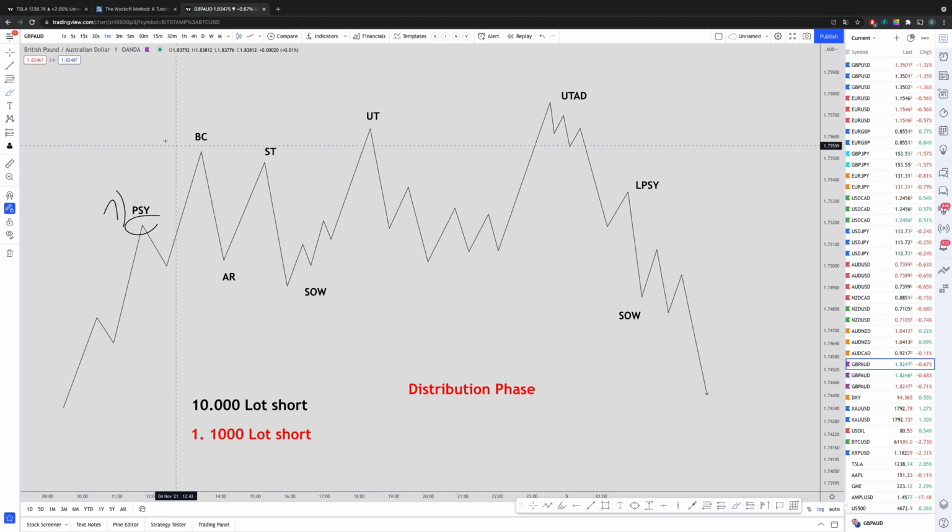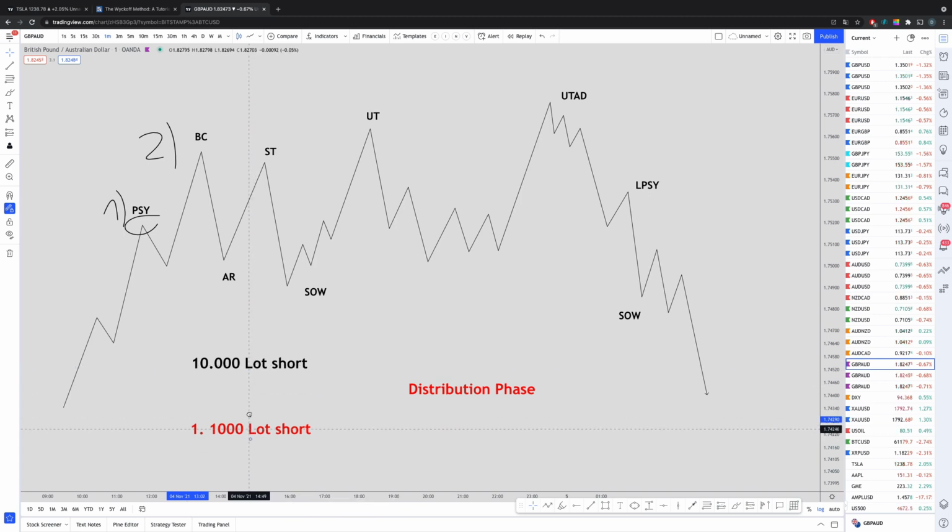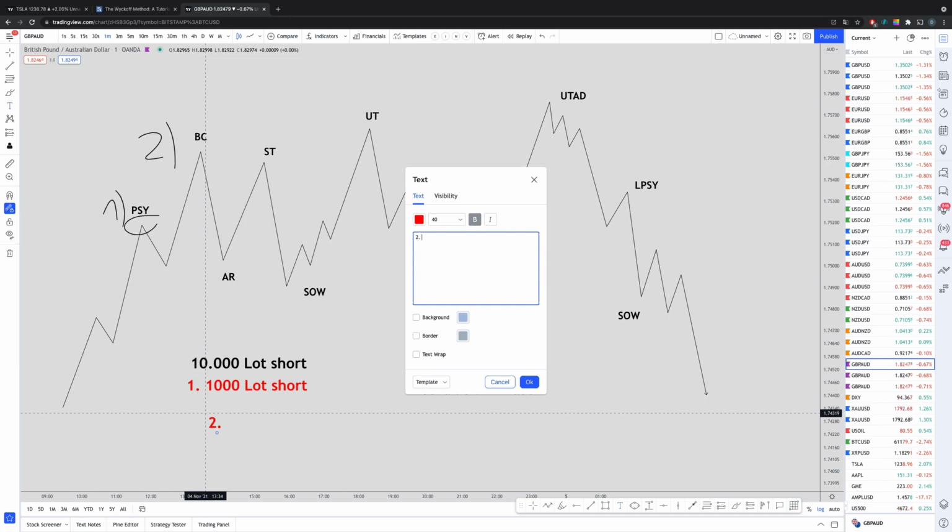Let's get to the next step, and this is the BC, the buying climax. Here, the institution will add an additional position. Let's say he's opening up 500 lots here. The bank is just testing.